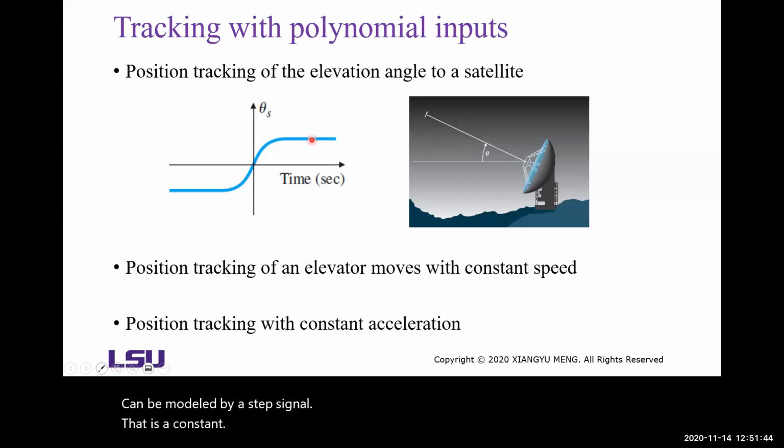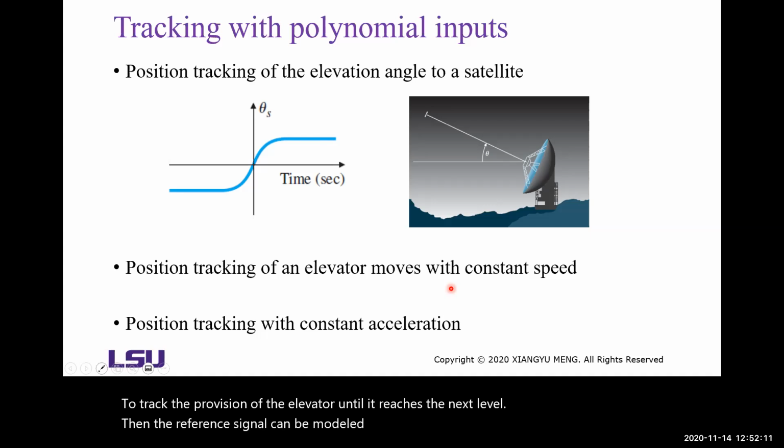As another example, consider the position control of an elevator with constant speed. To track the position of the elevator until it reaches the next level, the reference signal can be modeled by a ramp signal.